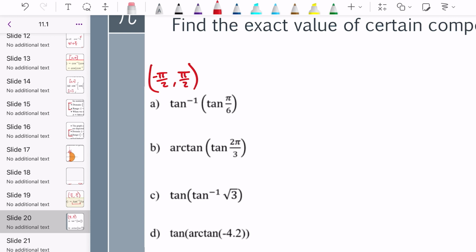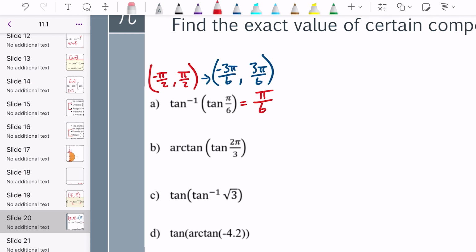Since pi over 6 does fall within those values, we would go ahead and have our answer of pi over 6. Now, just in case, remember, what you can always do is go ahead and find an equivalent fraction of negative 3 pi over 6 to 3 pi over 6 for each and determine whether it falls within.